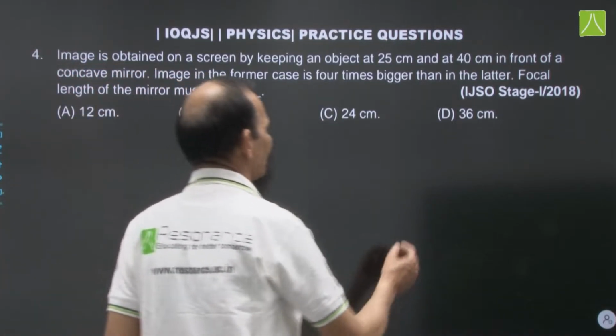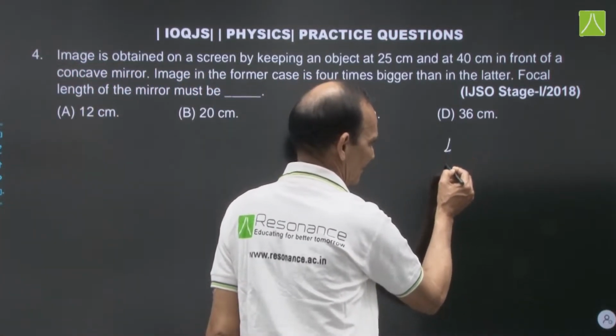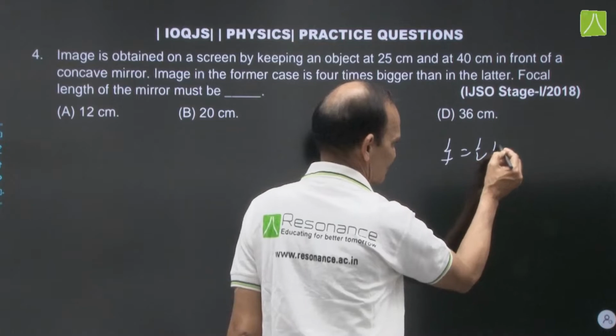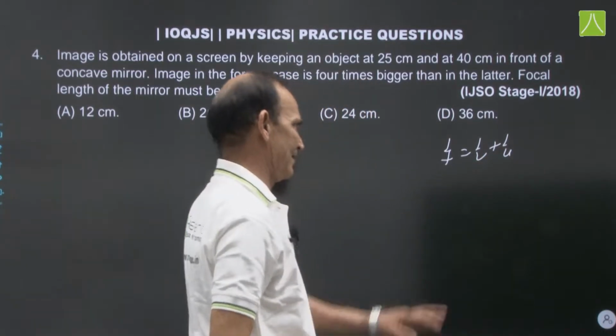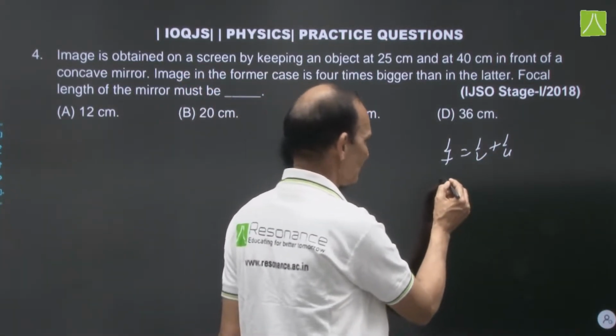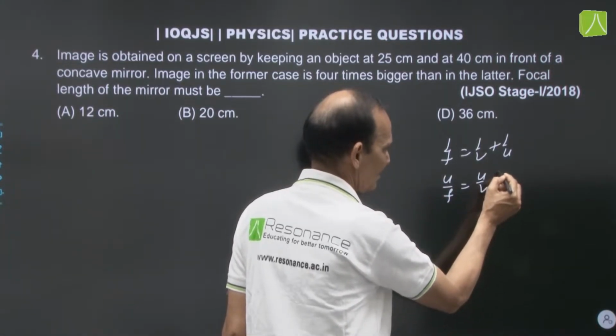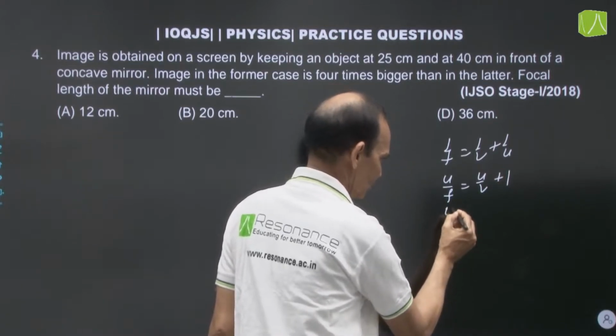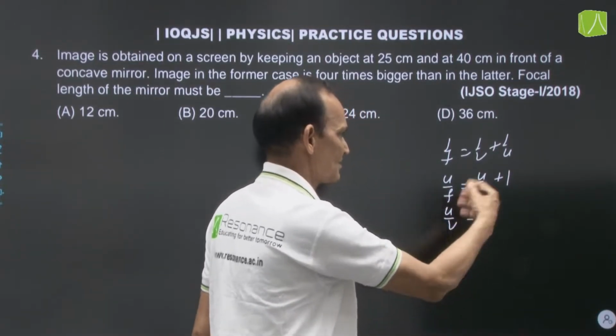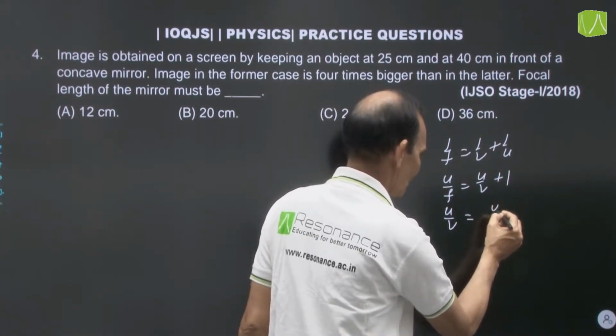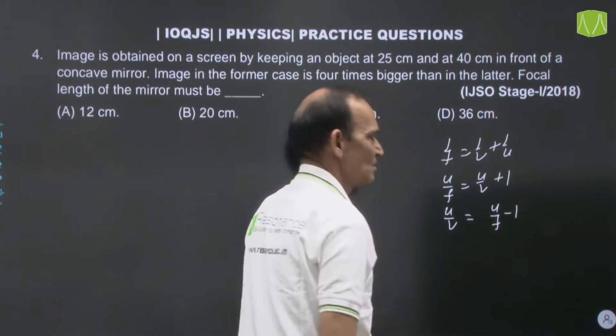First of all, what is the magnification? You know mirror formula 1 upon f is equals to 1 upon v plus 1 upon u. If we multiply this by u, so u upon f is equals to u upon v plus 1, or u upon v will be equals to u upon f minus 1.